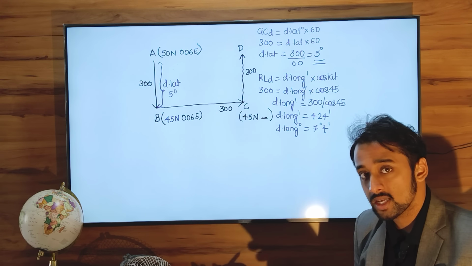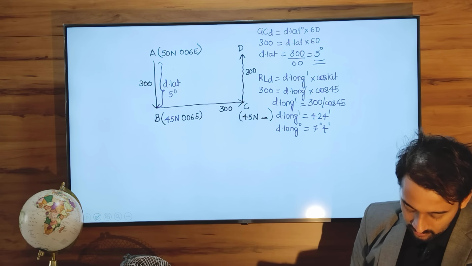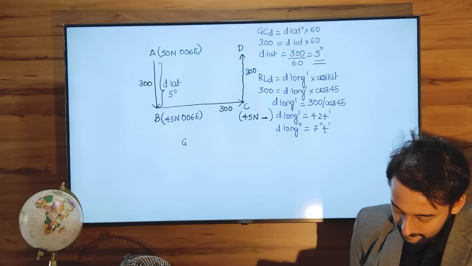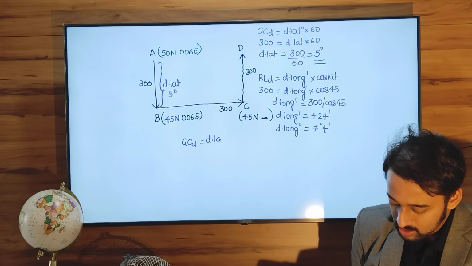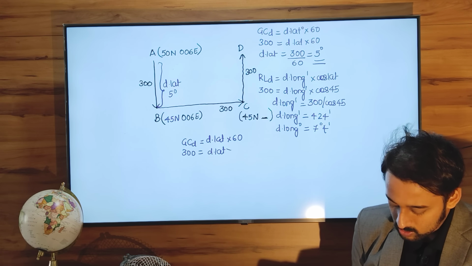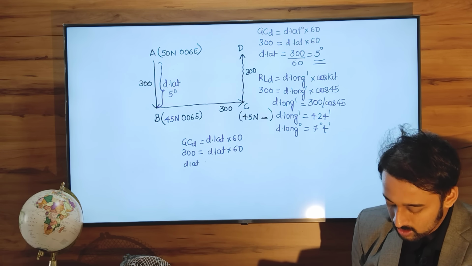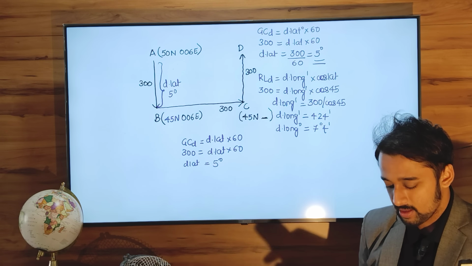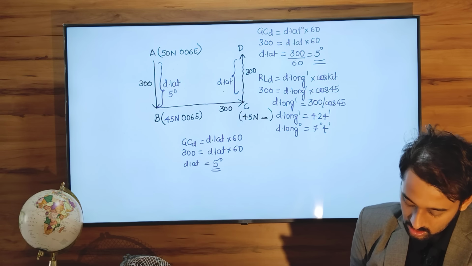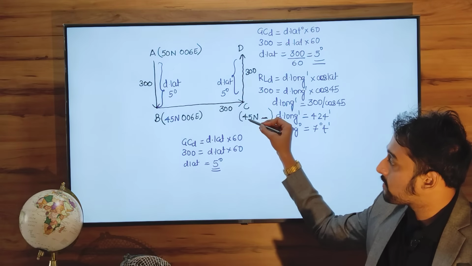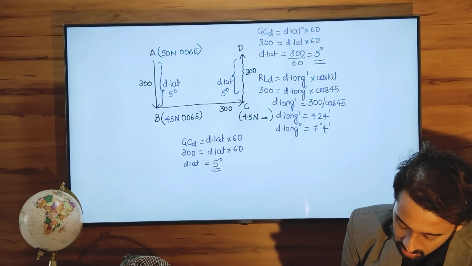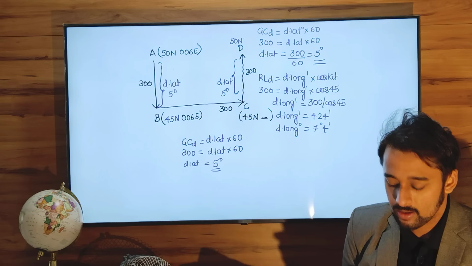So again we will apply great circle: 300 is d lat into 60, so d lat is equal to 5 degrees. So our new latitude will be 45 plus 5, which is 50 degrees north.